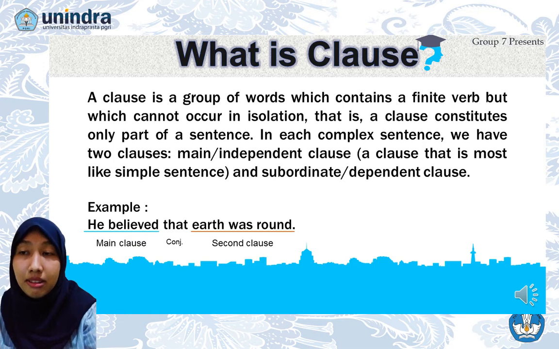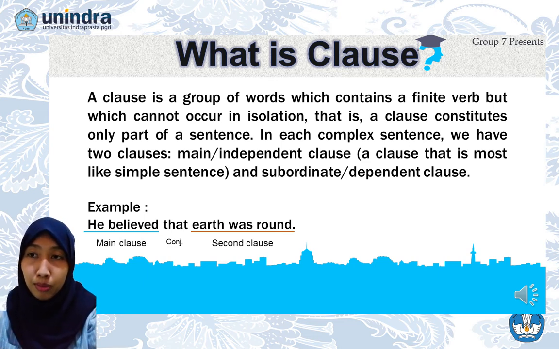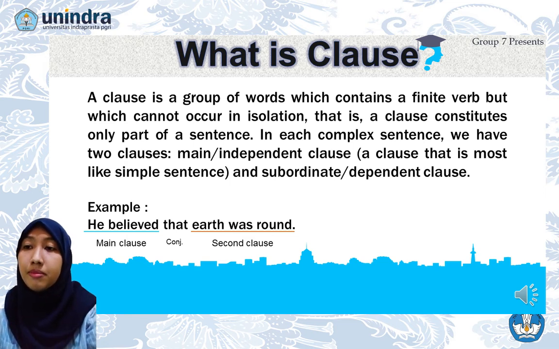In each complex sentence, we have two clauses: a main or independent clause, or a clause that is most like a simple sentence, and a subordinate or dependent clause. For example, he believed that Earth was round. The main clause is he believed. That is conjunction. And the second clause is Earth was round.